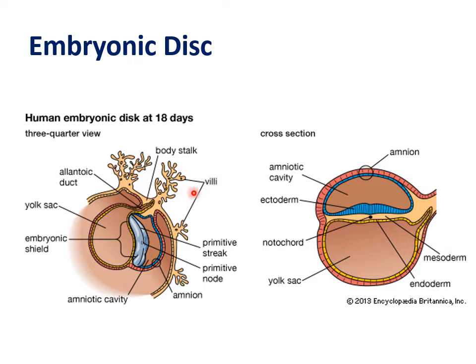Diagram or this figure really, which is the human embryo disc at 18 days. It's a three-quarter view really. Here is the embryo being implanted in the uterus, and this is the body stalk, and in this are the three layers, and those are the three layers of embryogenesis.